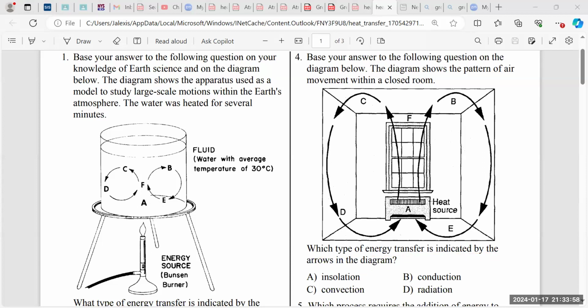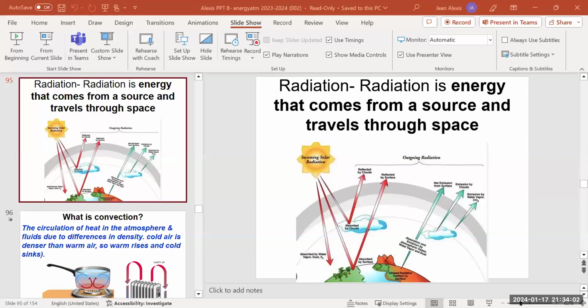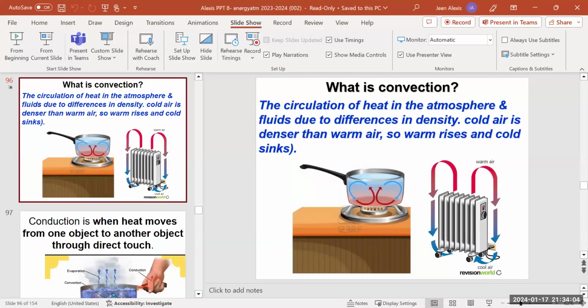So in our notes, we describe convection as a circulation of heat in the atmosphere and fluids due to differences in densities. Excuse the spelling typo.